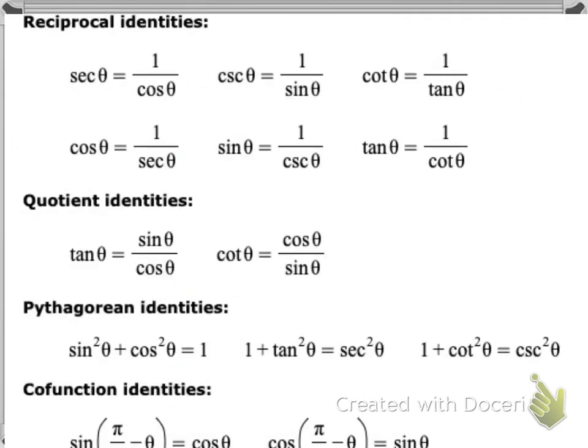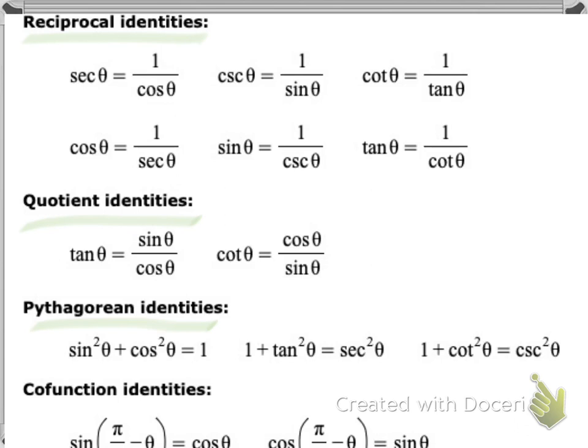Now, this right here is what I have in front of me and what I would encourage you to have in front of you. I've posted something similar in a couple of different places, and you can also get this through Alex when you pull up some of these things to look at. We're really focusing on the reciprocal identities, the quotient identities, and the Pythagorean identities.